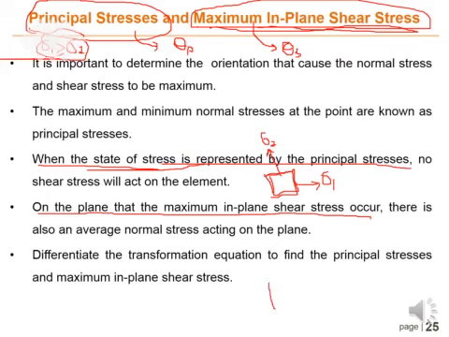So let's say at this rotation, at this angle, you obtain the maximum in-plane shear stress, and here there will be an average normal stress acting on the plane. So here you are going to have sigma average, and here also you will have sigma average.